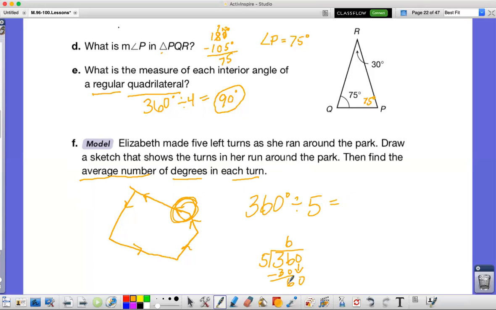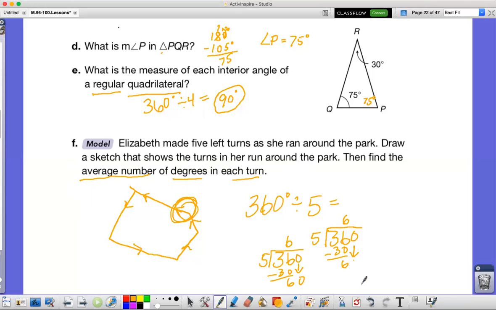Actually, I don't want to do it that far. Man, I just had a brain fart. Let me go back. 360 divided by 5.